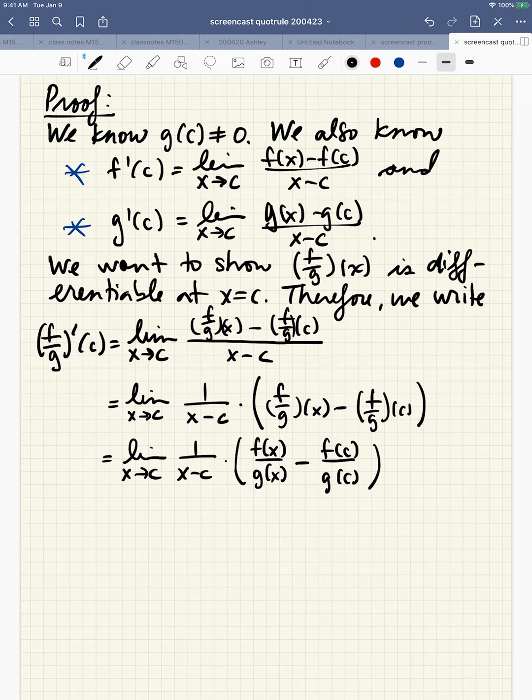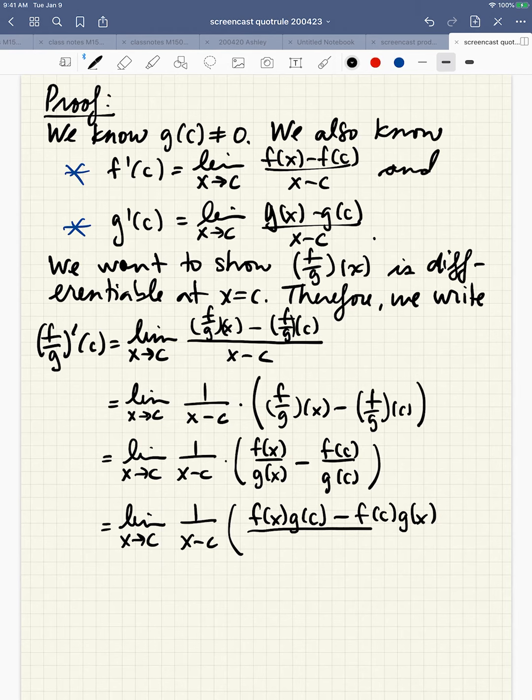And now I'm going to rewrite this difference as a single expression over a common denominator. And so you'll see we get this. So that's pretty cool. Now let me just reorganize this for a second.